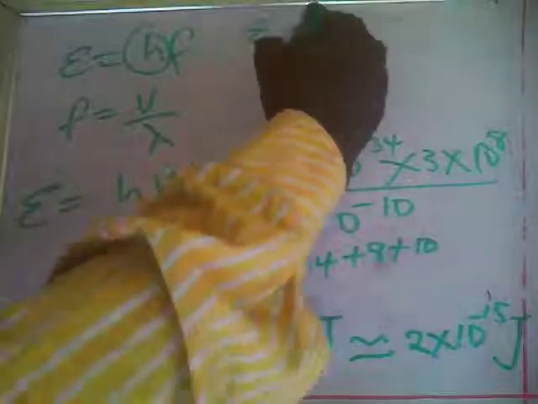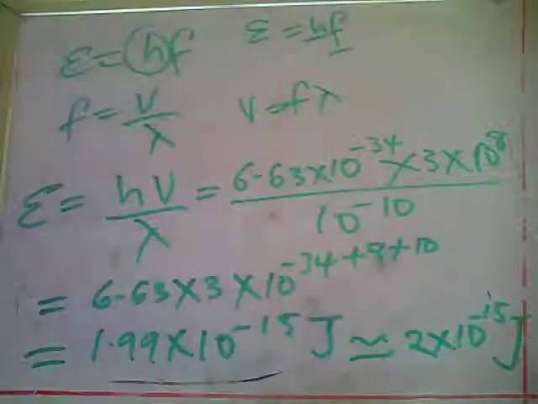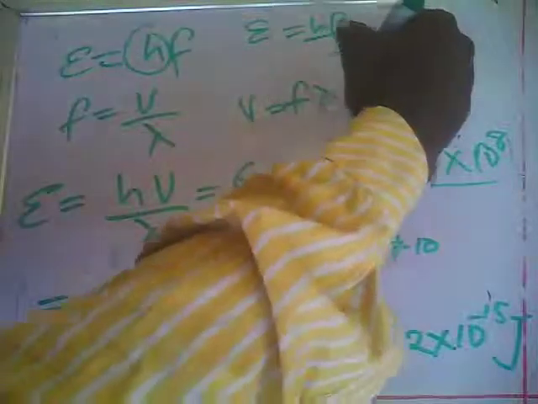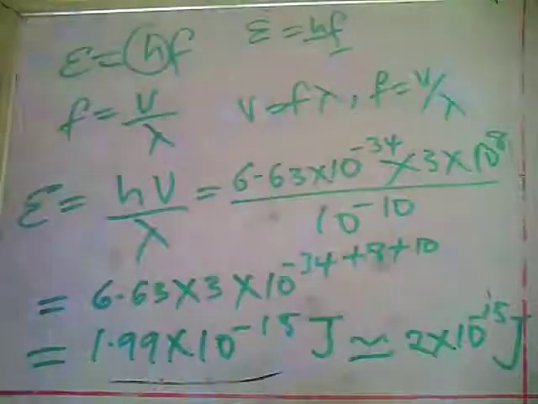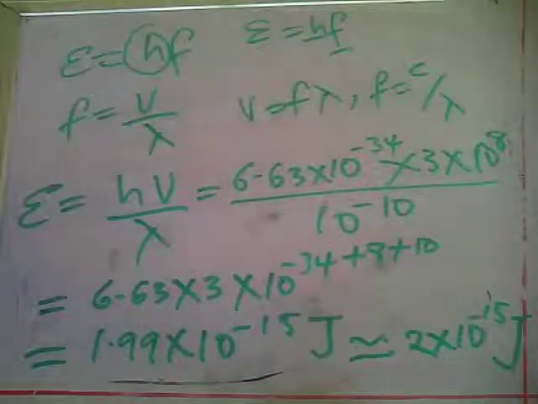Then we get the frequency from wave theory, which is v = f lambda, the wave equation. Making f the subject of the formula, f is speed over lambda, where the speed of light is normally denoted as c, which is 3 times 10 to the power 8 meter per second.